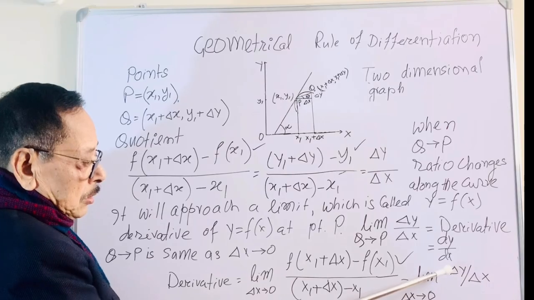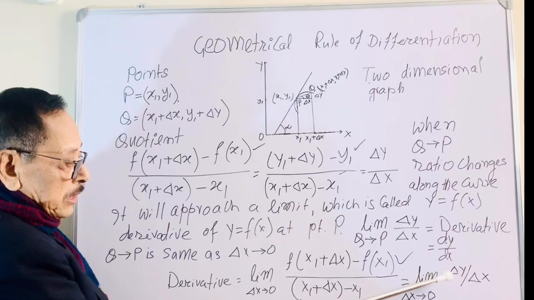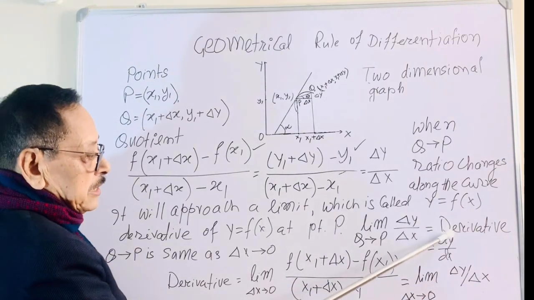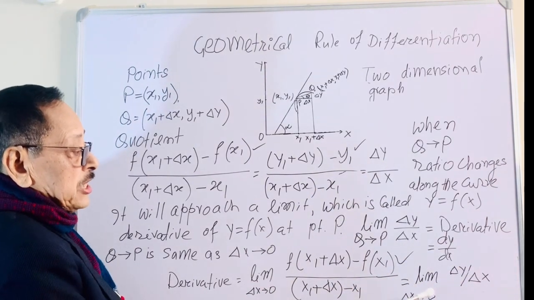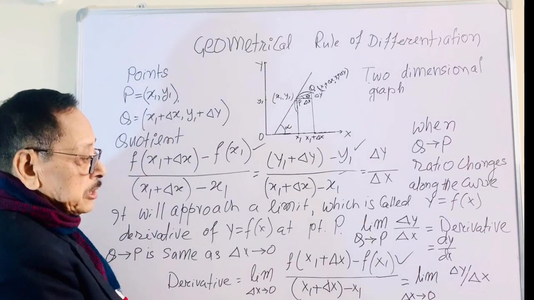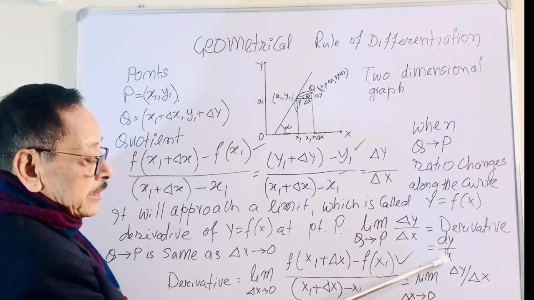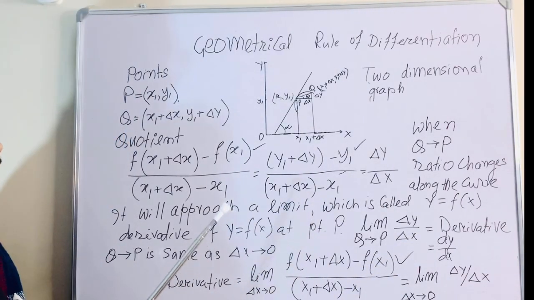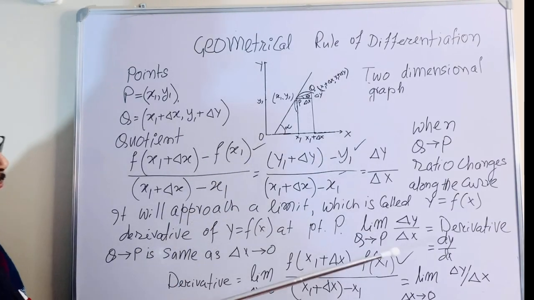Because without the limit, delta y by delta x means the change in y due to a unit change in x. But in the case of the derivative, it is the change in y due to a very, very small change in x, that means when the change in x tends to 0. And this change is called the derivative.